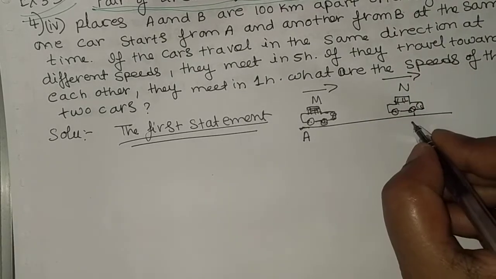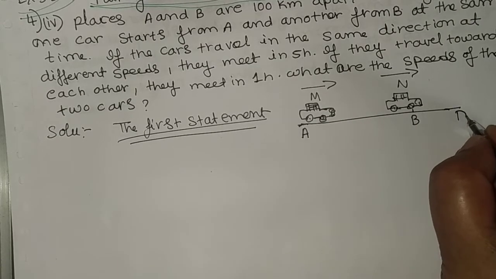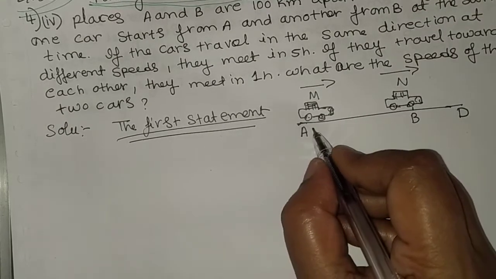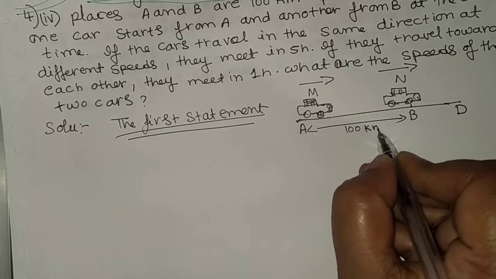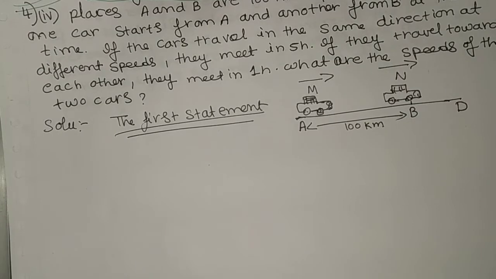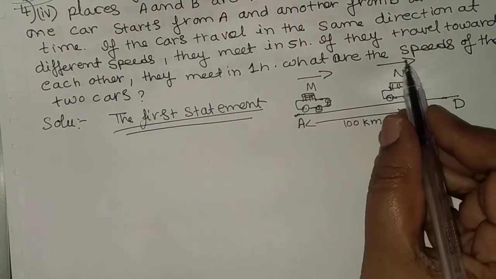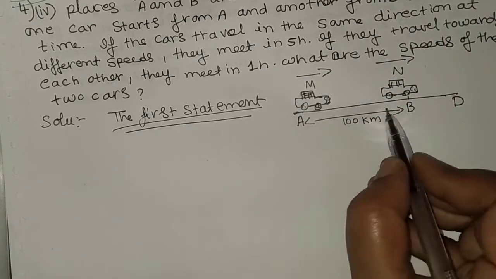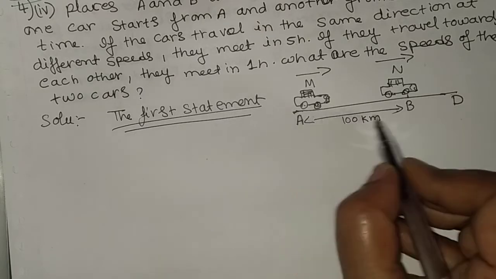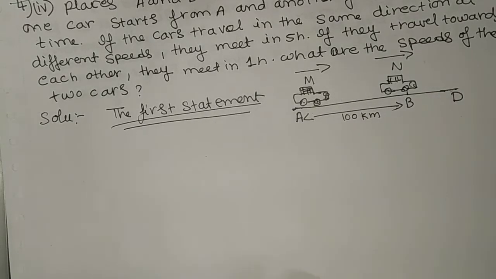This is A and this is B, and the meeting point is D. This is 100 kilometers. This is the first statement of the question: two cars traveling in the same direction, places 100 kilometers apart, with destination D.